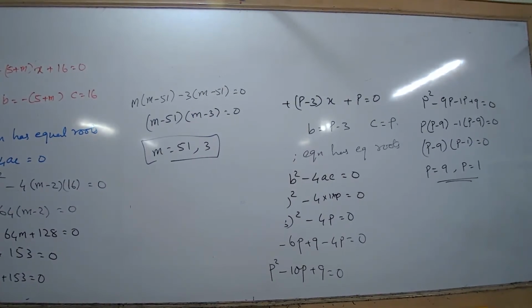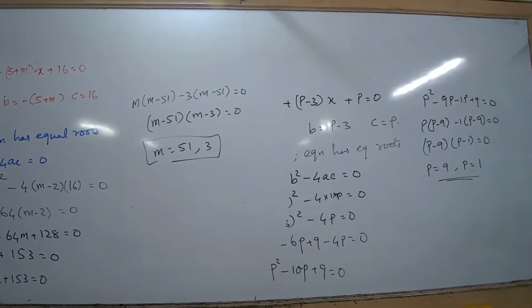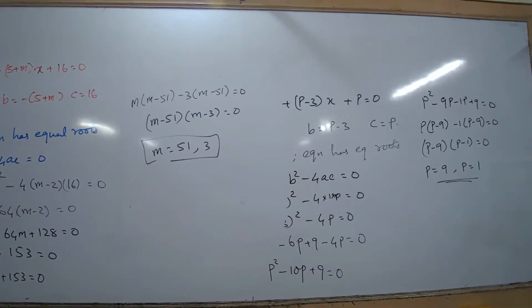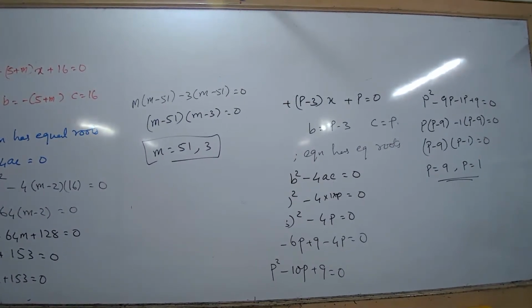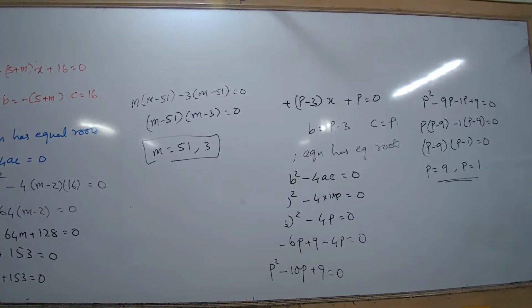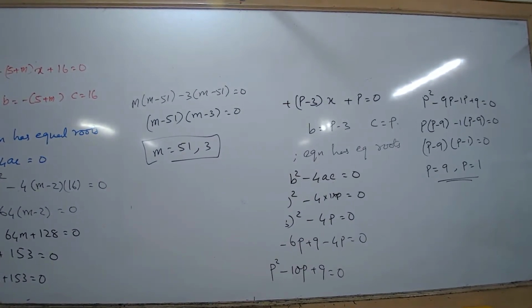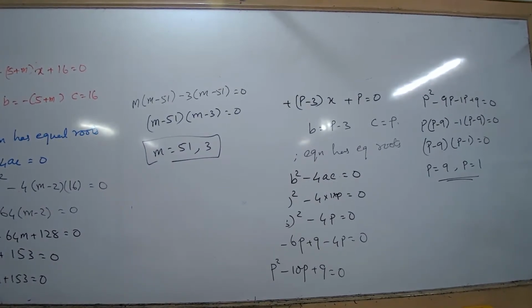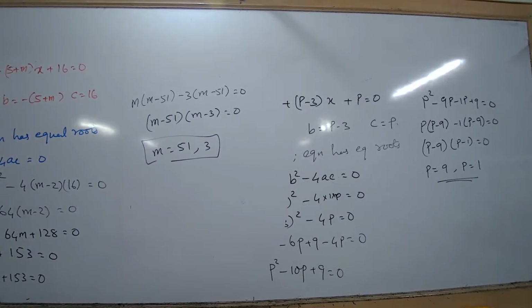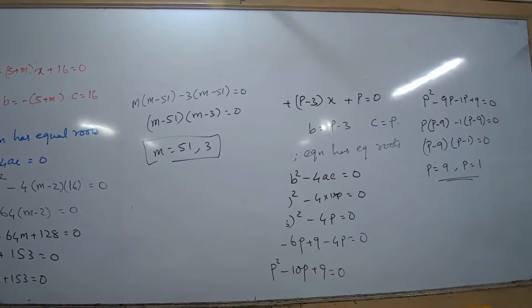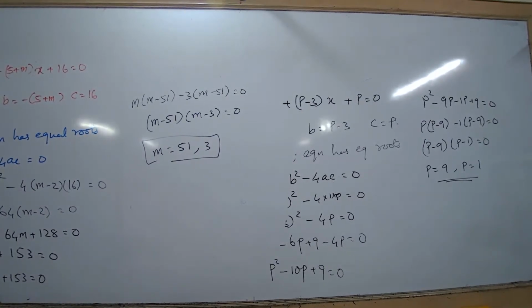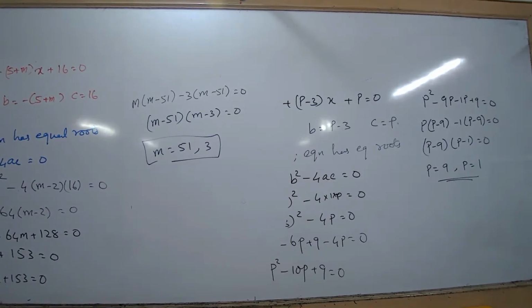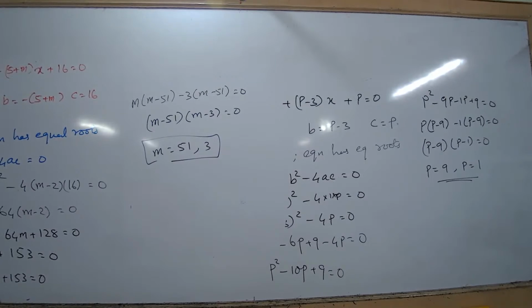A minus B whole cube. A cube plus B cube. A cube minus B cube. That is A plus B square, A plus B into A minus B, A square minus B square. So complete the homework part. Next class we will continue.